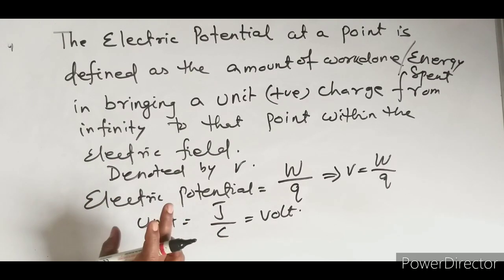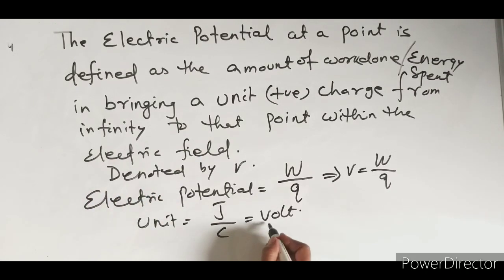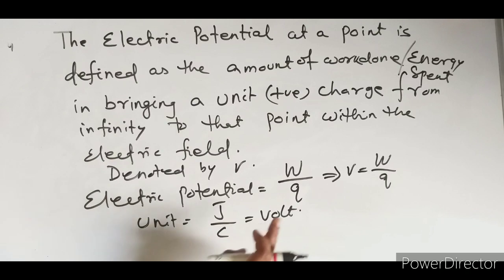All of a sudden students answer, it is volt. Do you think volt is a correct answer? No. Volt is a unit, not the physical quantity. Your physical quantity is electric potential, or we can say potential. Understood? This is also a scalar quantity.